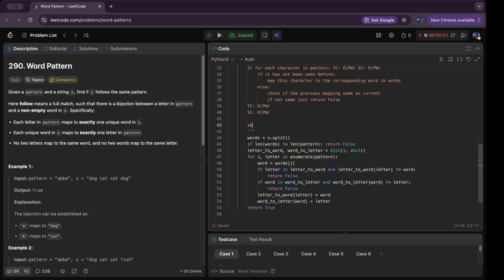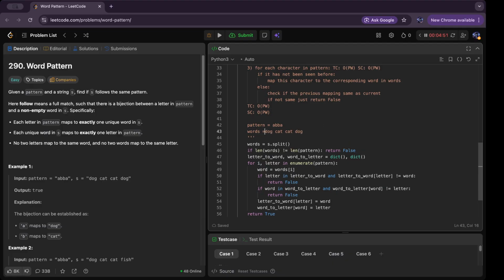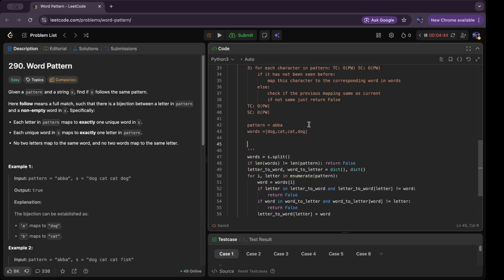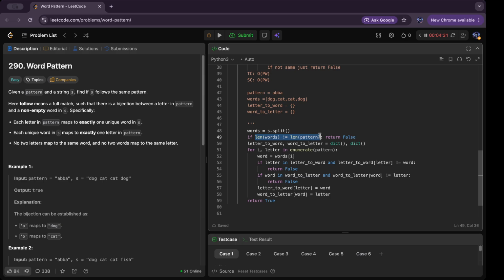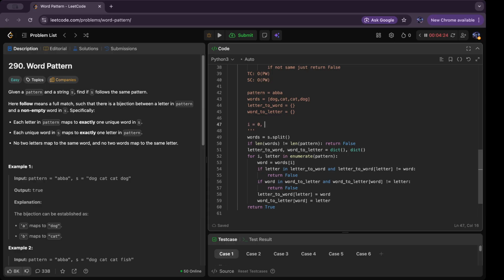Let's run through some test cases. Okay, then i equals 0, letter A. Is A inside? No. Word dog also not inside.